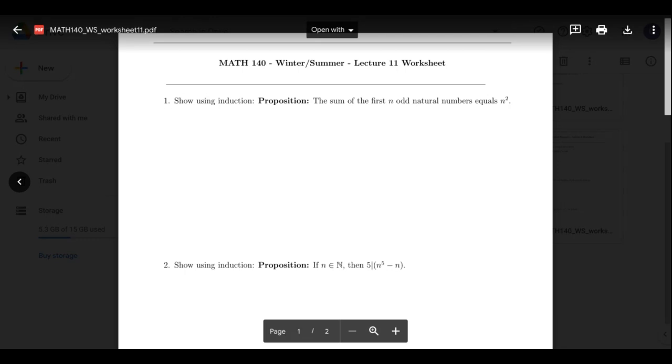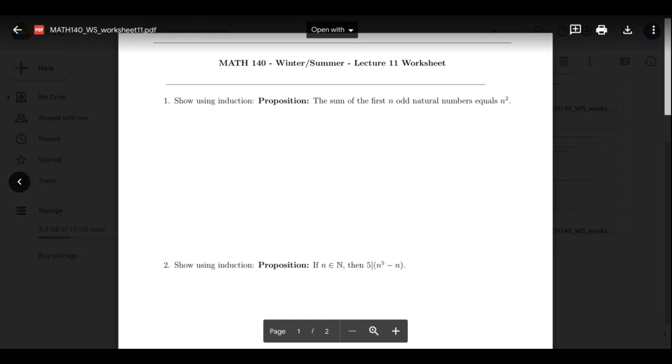Okay, Moses' proof looks good. Okay, this is unnecessary. P of n is true implies that there is an m in there.